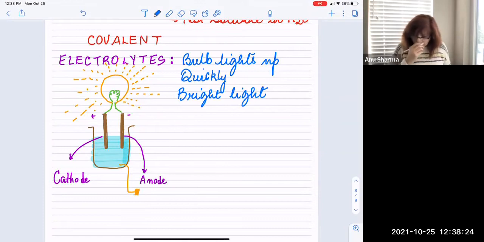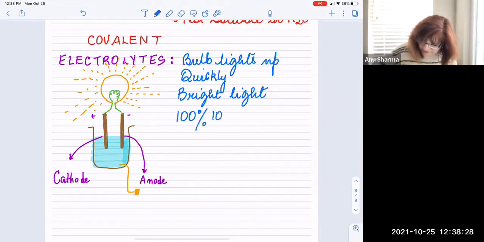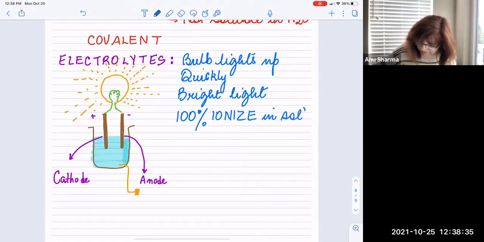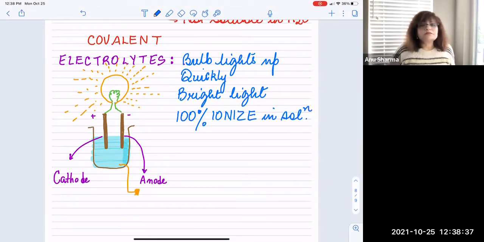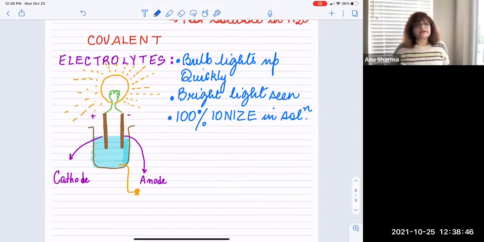So they ionize 100% in solution. The bulb lights up quickly, bright light is seen immediately, and 100% ionized in solution.